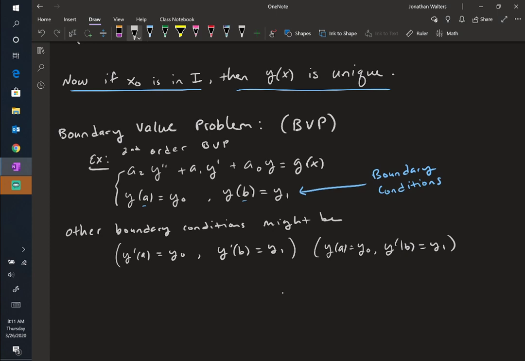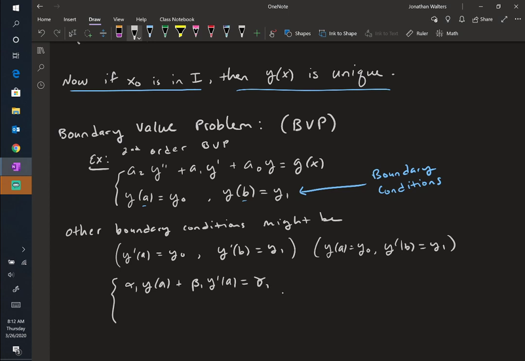It could be something even more general. More generally, it could be something like alpha 1 y of a plus beta 1 y prime of a equals, call it gamma 1.